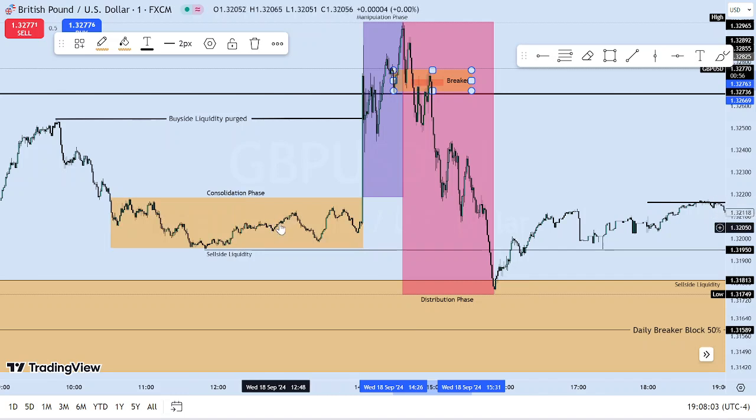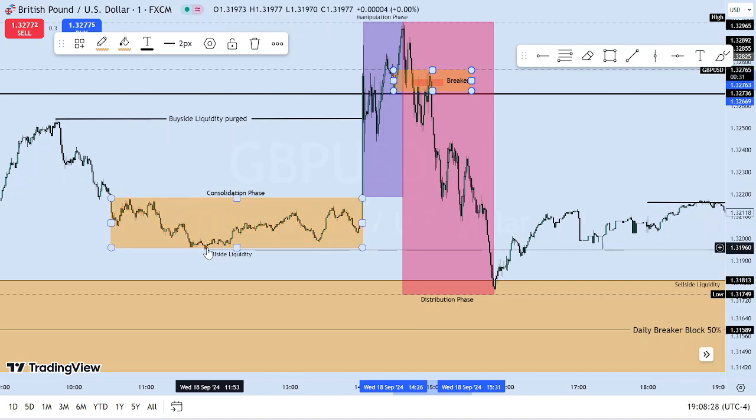That's why I had consolidation phase, then manipulation, distribution. Where is your target? You target the sell side below here, below this whole range, the low of this whole range. That should be your target.